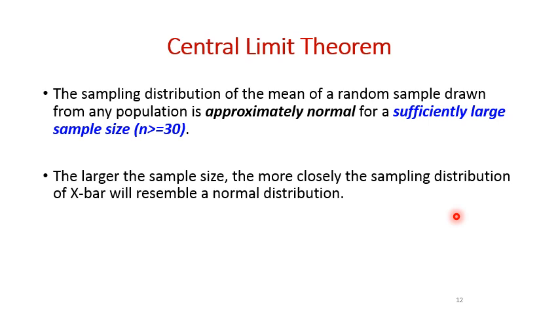This means that regardless of the shape of the population you are sampling from, the sample mean will be normal as long as you are selecting a large sample from this population. By a large sample size we mean a sample of size at least 30. And of course, the larger the sample size is, the more closely the sampling distribution of x bar will look like a normal distribution. So let's clarify the idea of the central limit theorem more in the next slide.